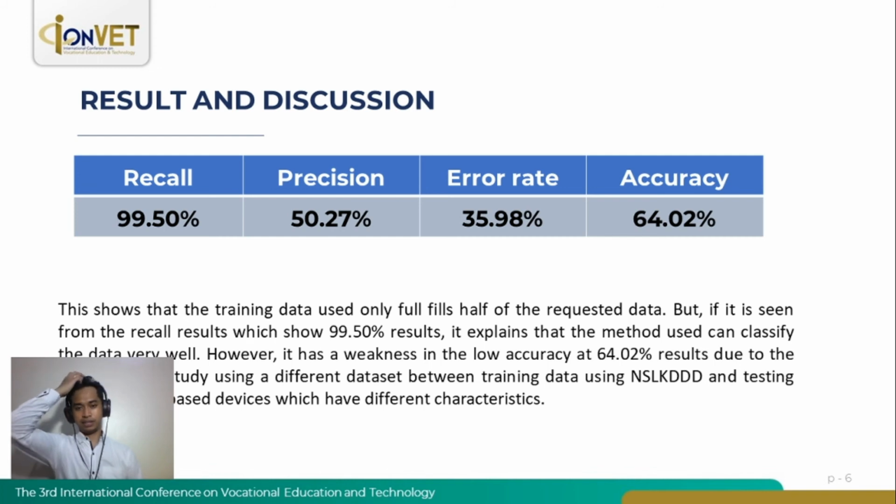But if seen from the recall result, which is 99.50%, it explains that the method used can classify the data very well. However, it has a weakness in low accuracy at 64.2%, due to the study using different datasets between training data using NSL-KDD and testing data from the IoT device, which has different characteristics.